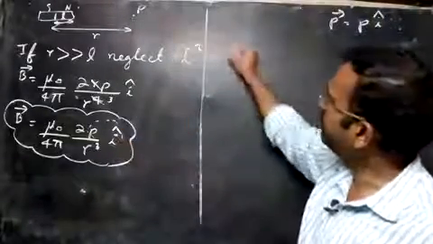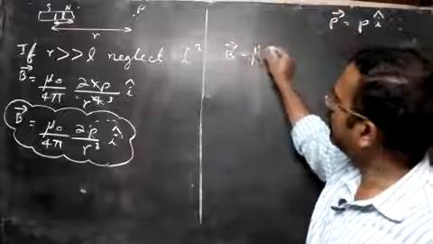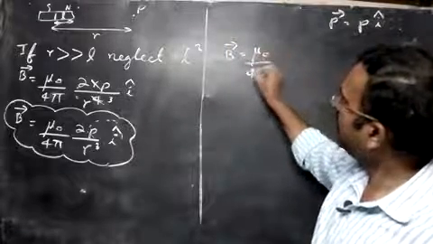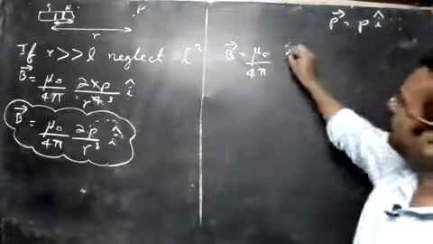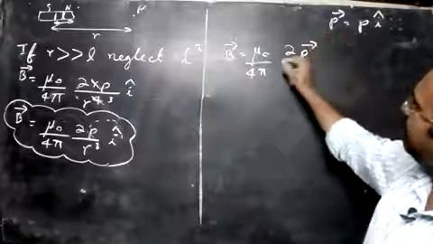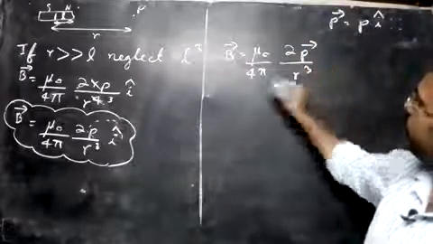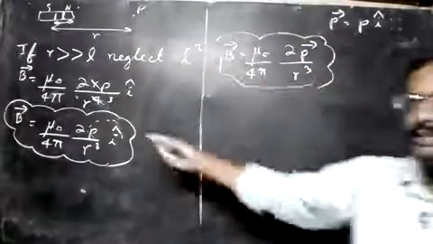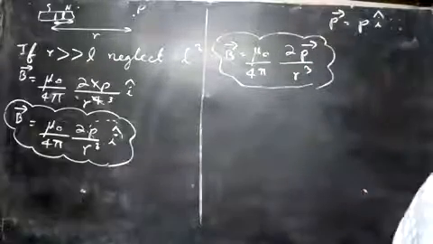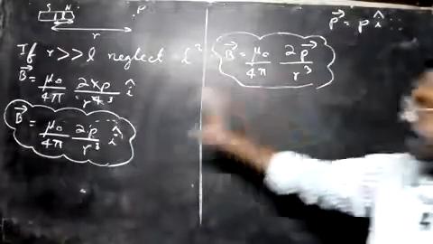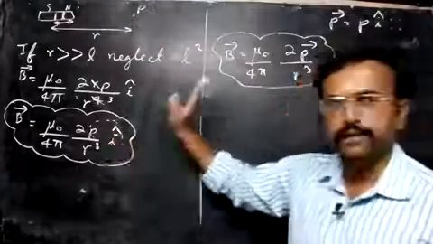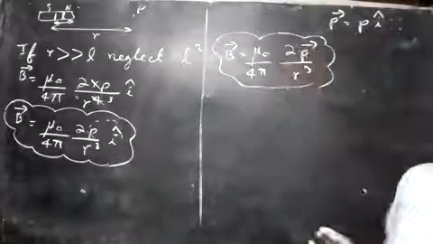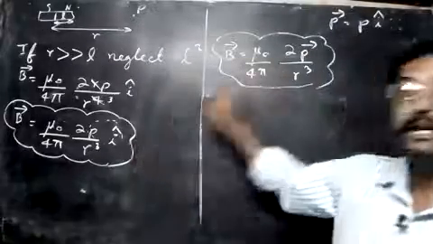So B vector is equal to μ₀ by 4π into 2P vector by r³. This is also correct, but if you write this way, it's more desirable. We just wrote it in a different format.